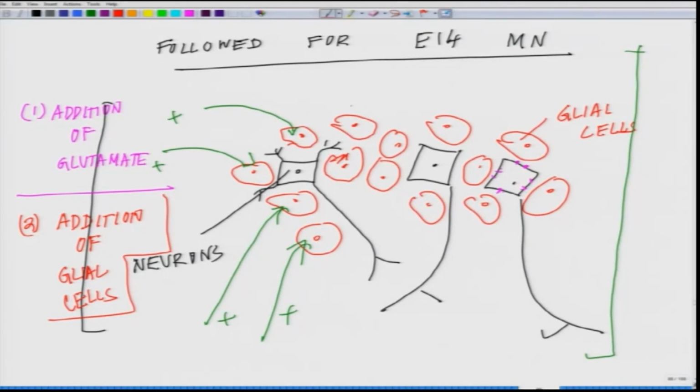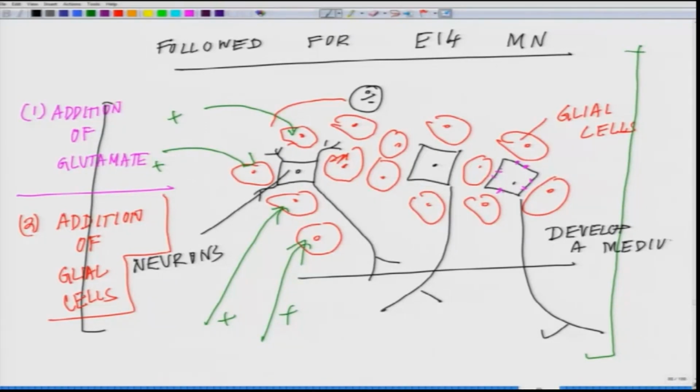The different set of problems is that these glial cells, as I told you previously, are dividing cells. So, now you have to add them, and secondly, you have to develop a medium which will prevent the proliferation of these glial cells too much, and of course, will not influence the neurons too much.